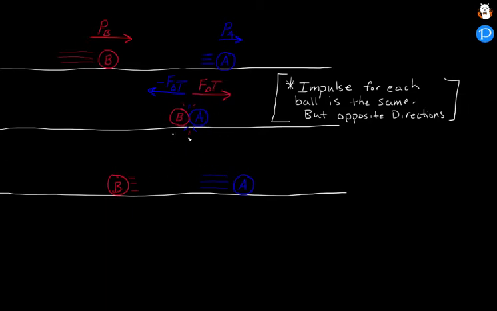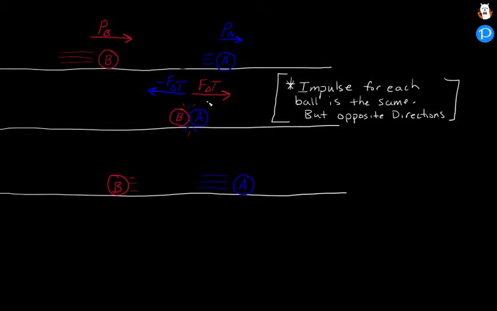After we get this collision, or this impulse, each ball now is going to have a different momentum than what it had at the beginning. So if we think about this, ball A had some positive momentum this way. Well, here's the change in momentum for ball A that it's going to feel. It's going to feel a positive impulse this way.